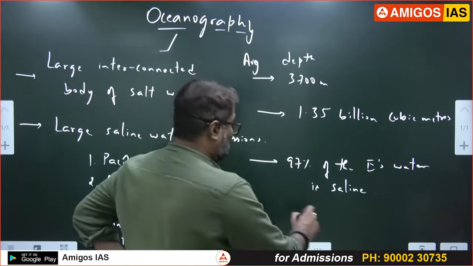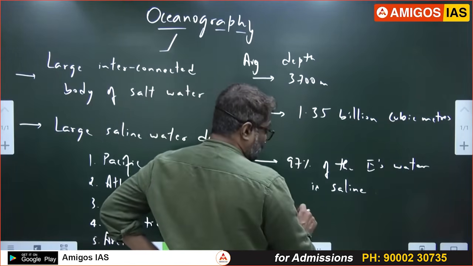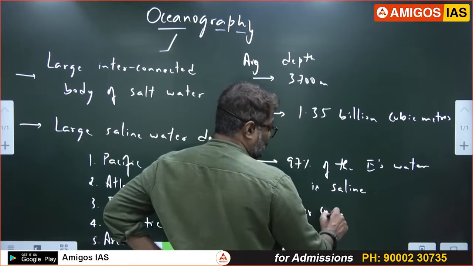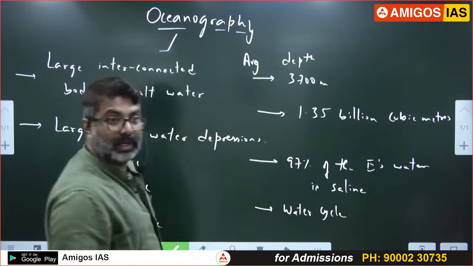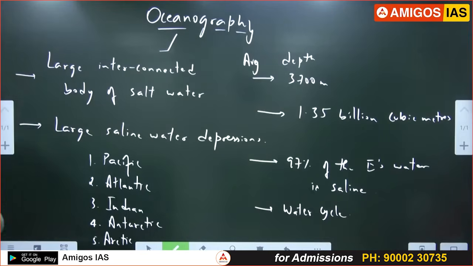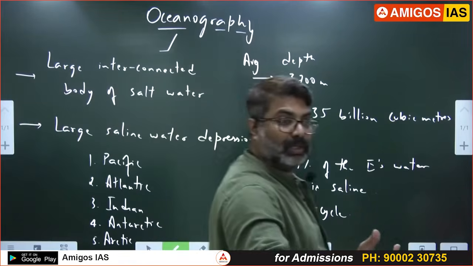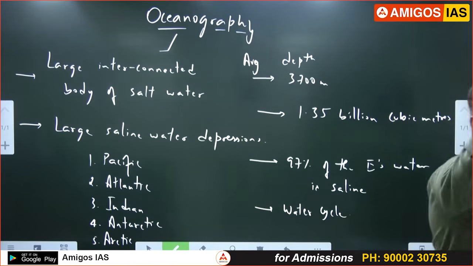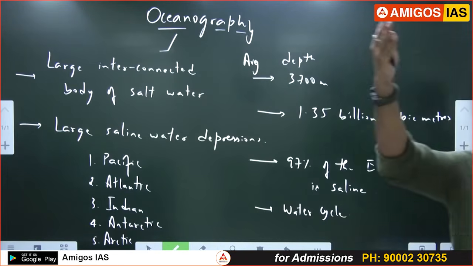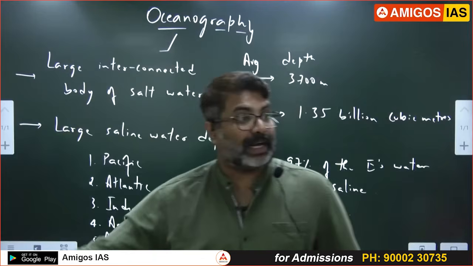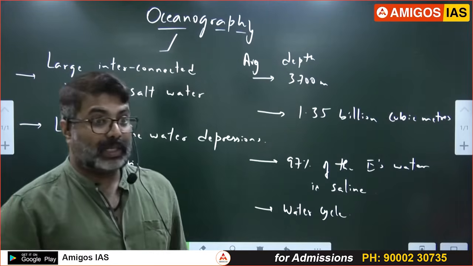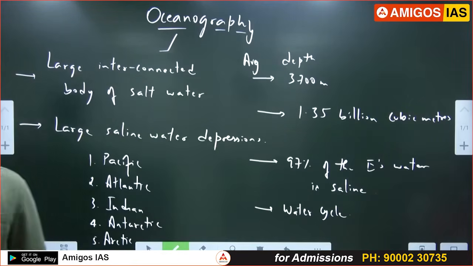So oceans play a very important role in our water cycle. Why am I saying water cycle? Because every day the sunlight falls on the ocean, water evaporates from liquid to gaseous form. The water vapor condenses in the sky to form clouds and comes back as rain, precipitation. It rains more over the oceans than continents, because 71% of the Earth's surface is under water.